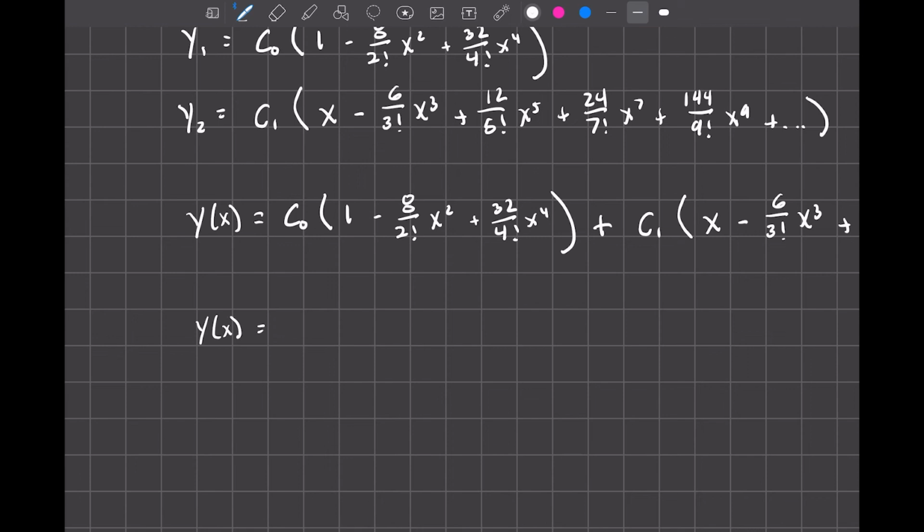And here I just went through with a calculator and started simplifying all of the terms.